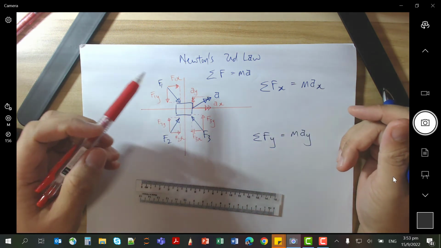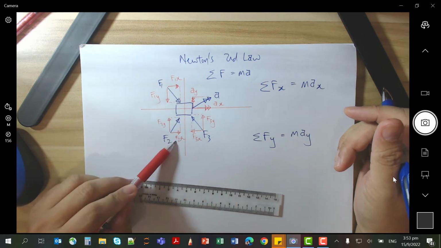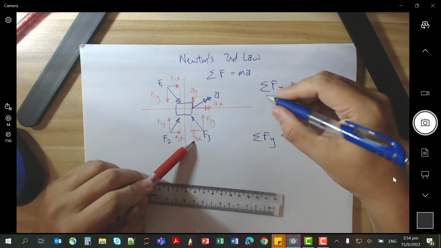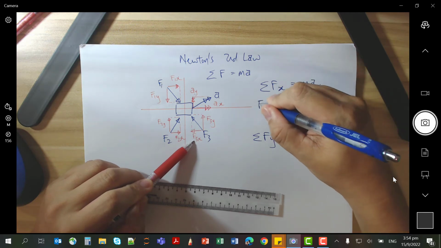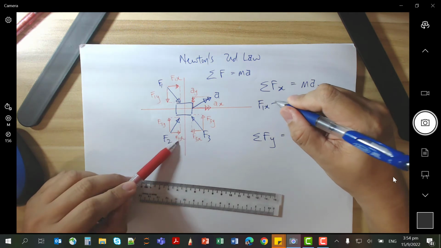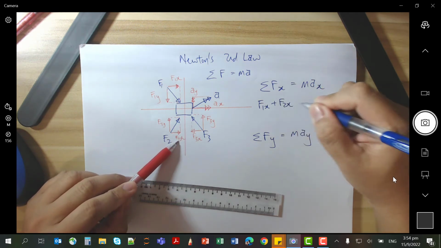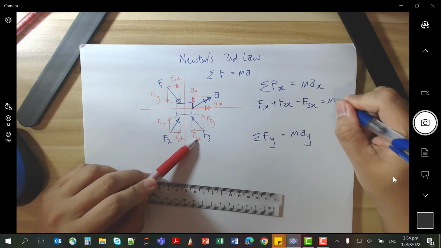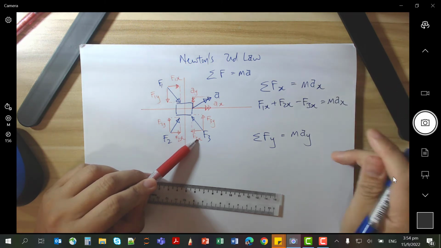So we have one positive, two positive. F3x will be negative force. So how do you write? You should write F1x plus F2x minus F3x equals max.